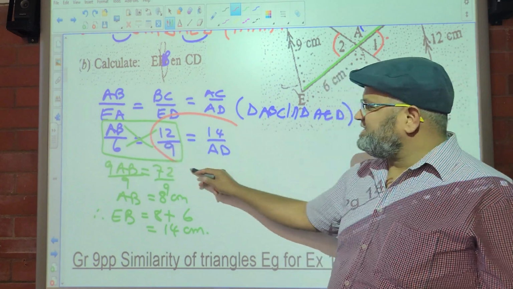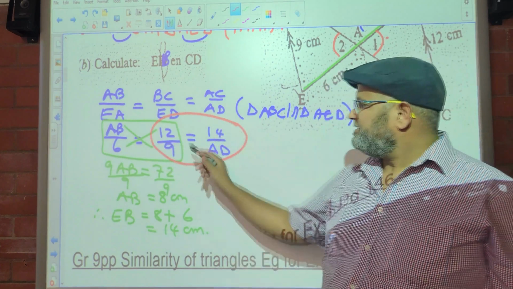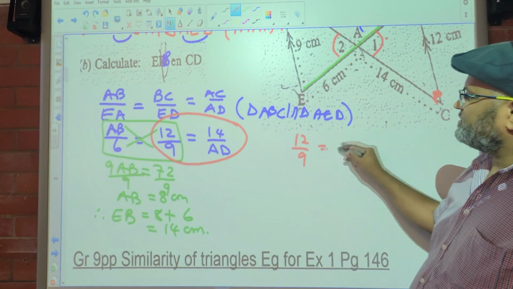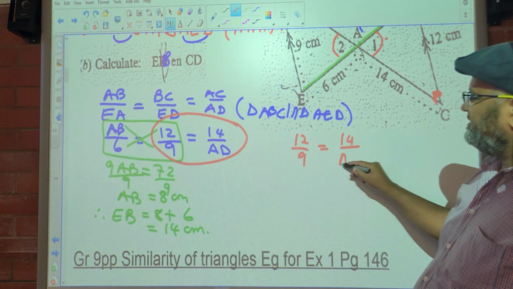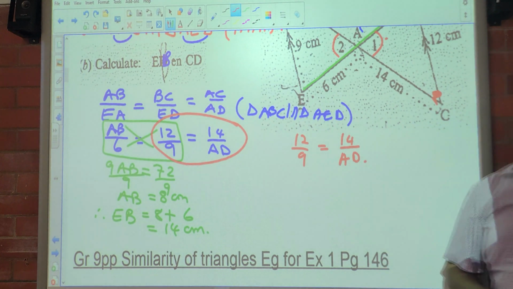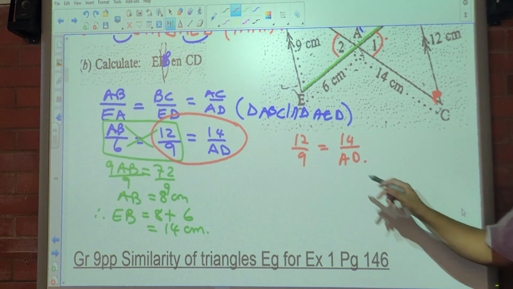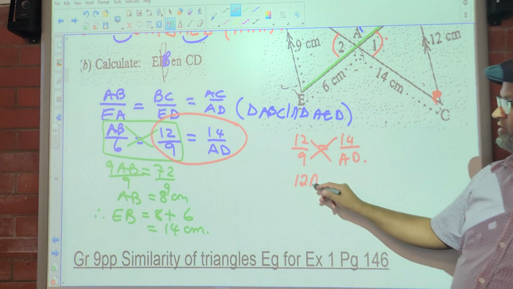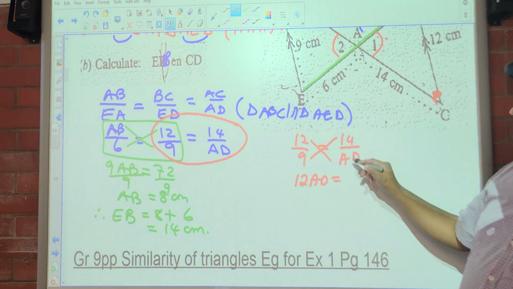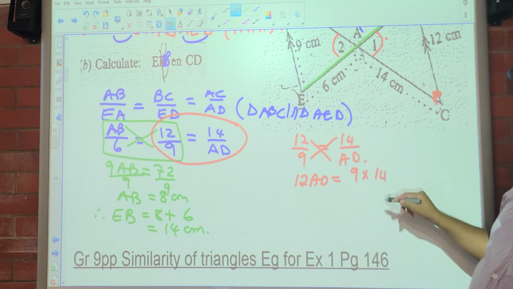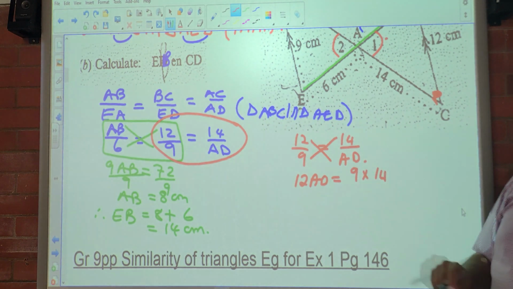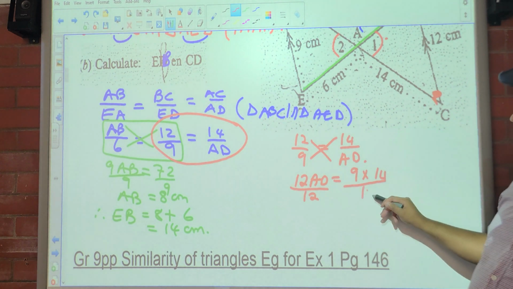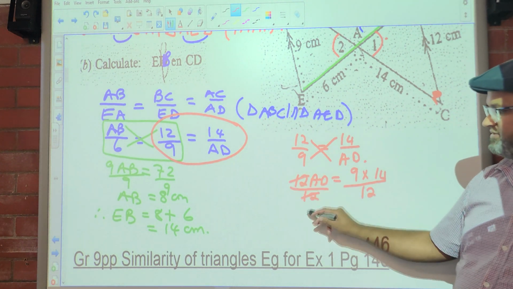So to calculate AD, what do we need? We're going to say therefore 12 over 9 is equal to 14 over AD. So what do I do here? Cross multiply. 12 times AD, 9 times 14. How do I get AD on its own? Divide by 12 both sides. It cancels.